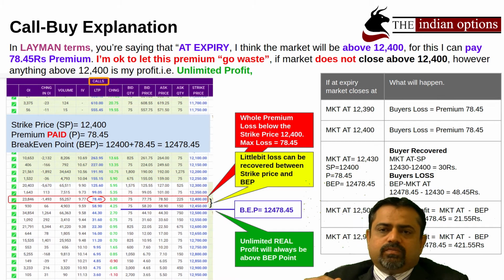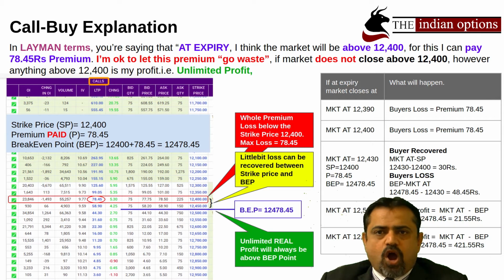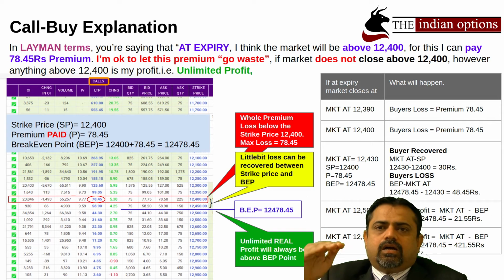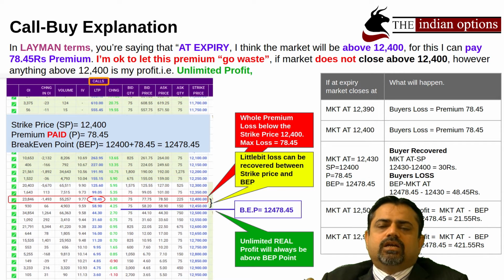Now assume that the market closes at 12,430. Now this point is between the strike price and the break-even point. In this case, the buyer will recover some of his premium back.